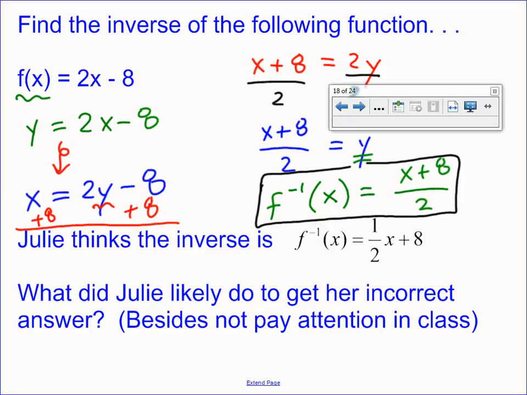Okay, I see at least 2 things she could have done that are plausible for her mistake. I mean, she's wrong, but there's a couple ways she could have gotten there. So what's one thing she could have done? Katie?